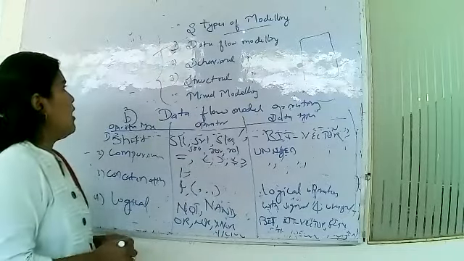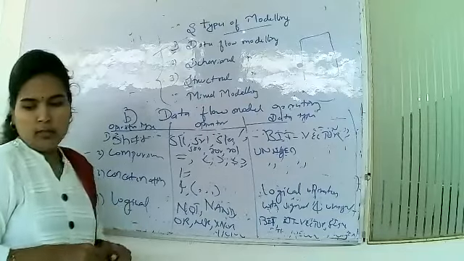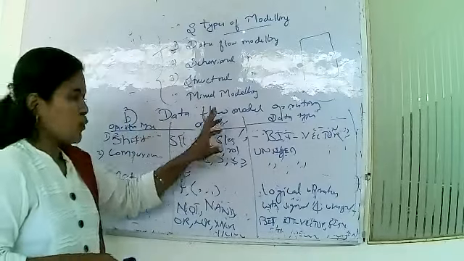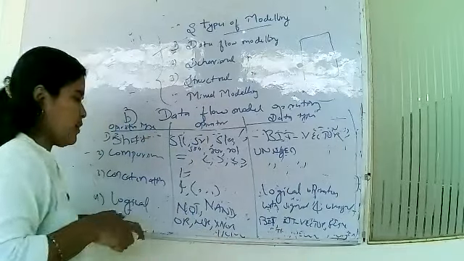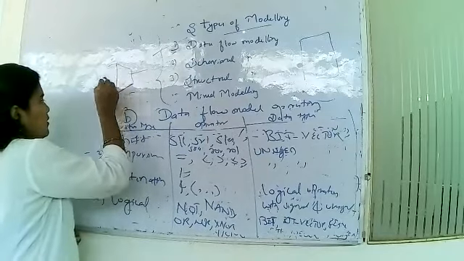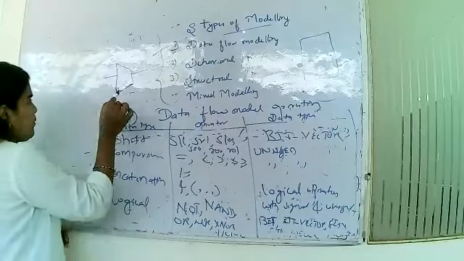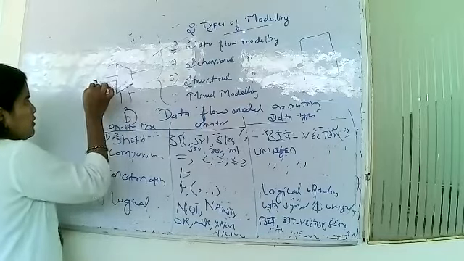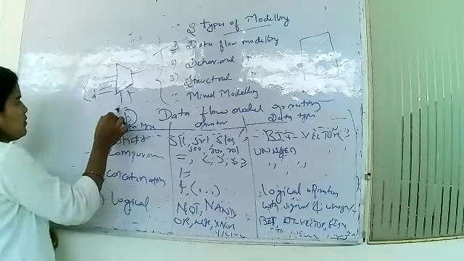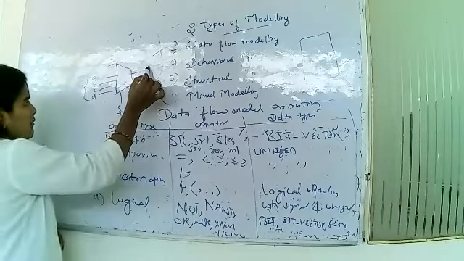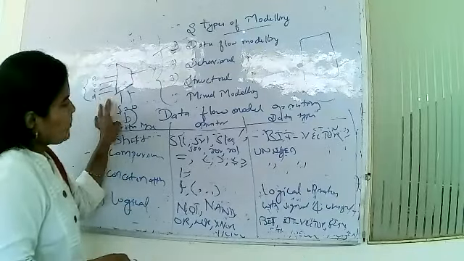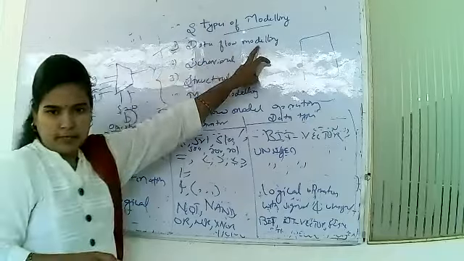Tomorrow I will take one example and explain how the program is done with the help of a multiplexer. If you have different inputs with different select lines, you have the output. How will the multiplexer do the work using data flow modeling?